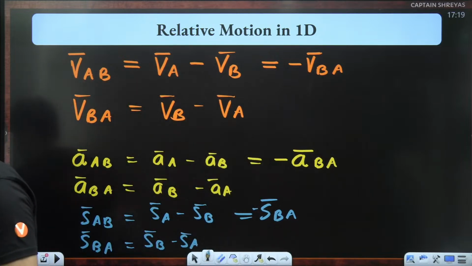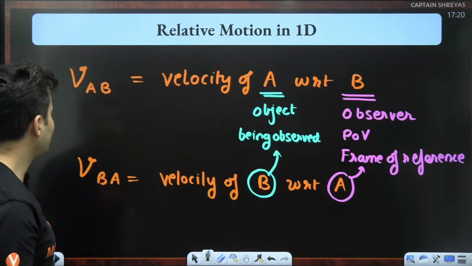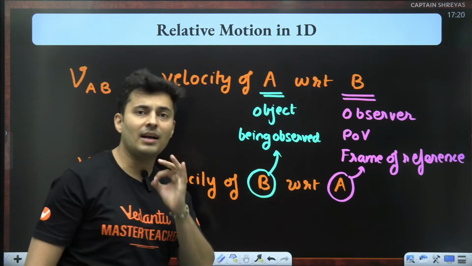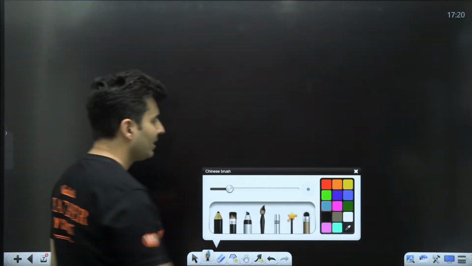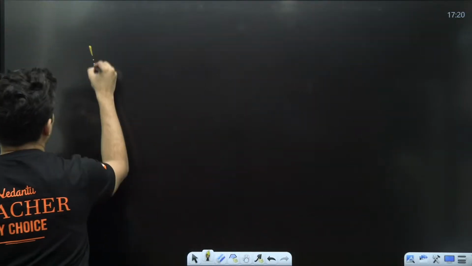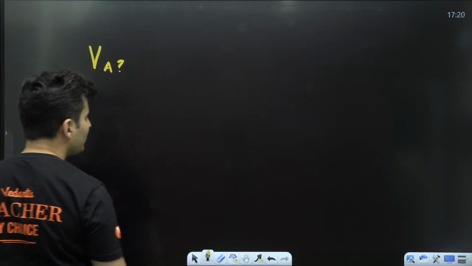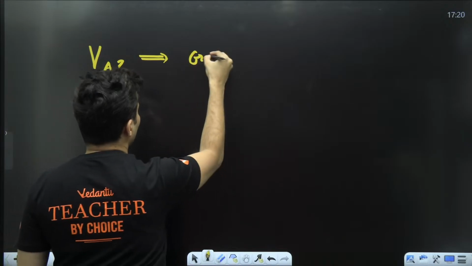Velocity of A and B is with respect to whom? Very interesting question. When I write VBA or VAB, the observer is understood to be A or B respectively. But, sir, when I just write velocity of A, who is the observer? The answer is that the ground is the observer.